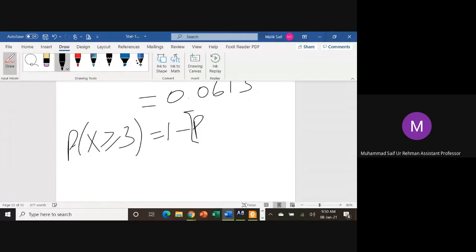So probability of x less than 3. You can see it was greater than or equal to, so the third possibility is x less than 3. I am writing down that third possibility over there.